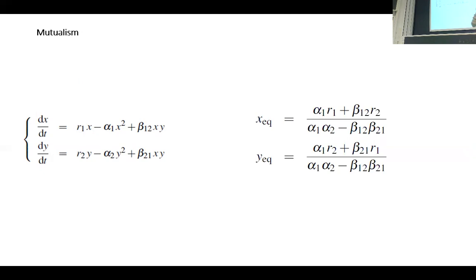And here you see that, for example, beta 1, 2 represents the mutualism that the first species feels for the second one. And this one is a strong parameter here. You see the denominator is the same for both of them. But as this term increases, the equilibrium value for X is particularly increasing, right?